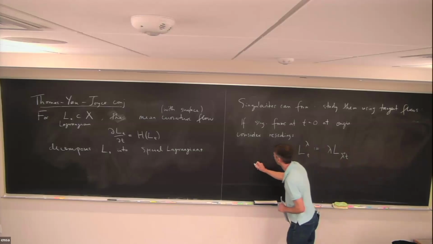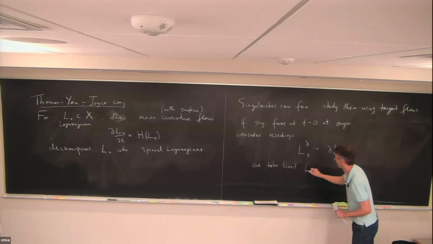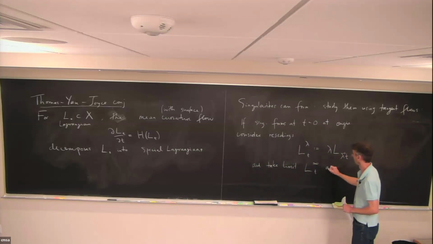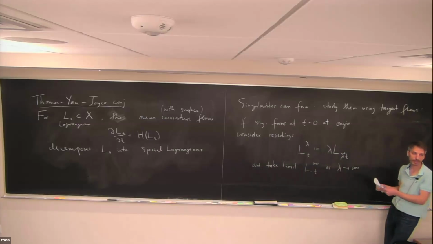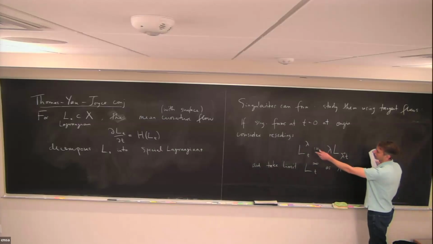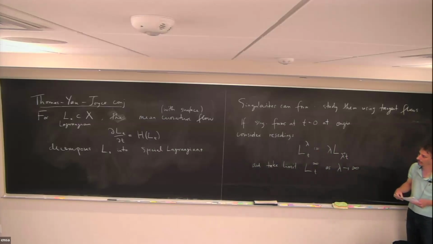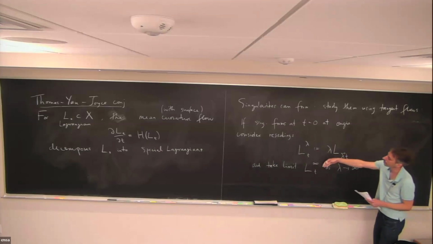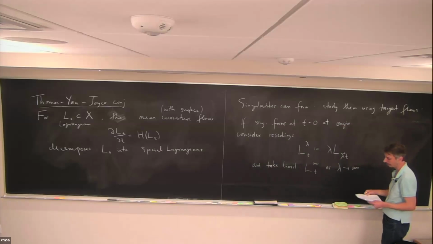Then you just take a limit, let's call it L infinity t, as lambda goes to infinity. As the experts know, different sequences may a priori lead to different limits, but let me ignore that here. Any limit you extract in this way is called a tangent flow at this singularity.